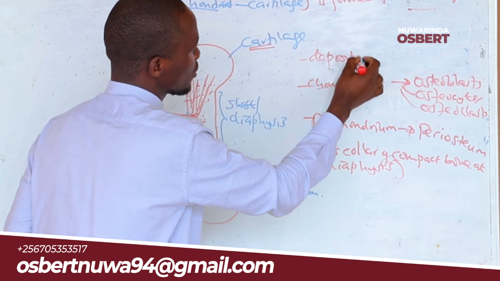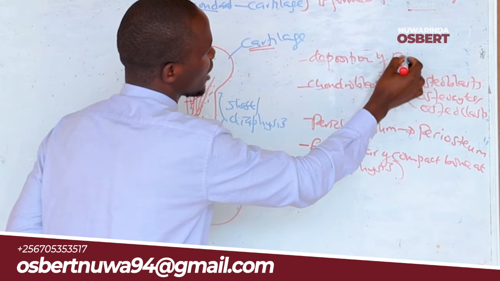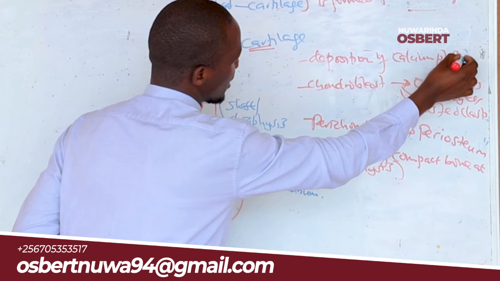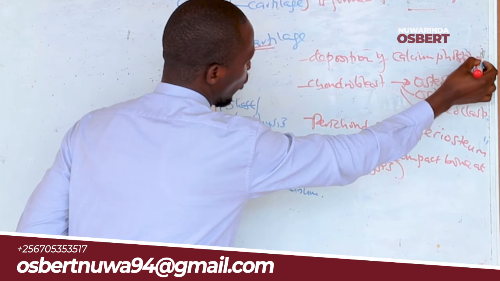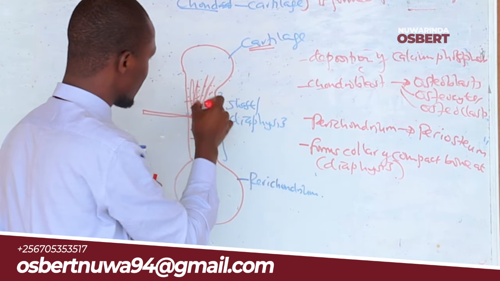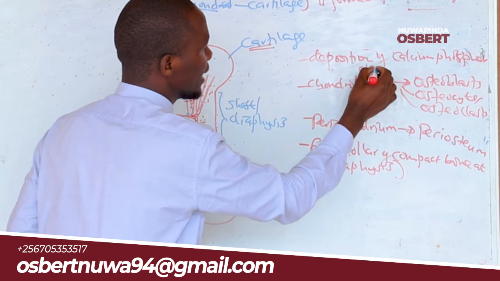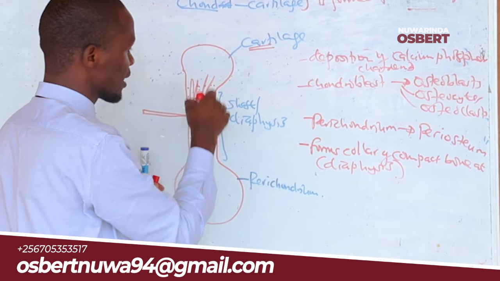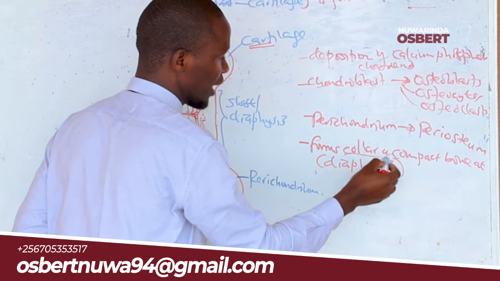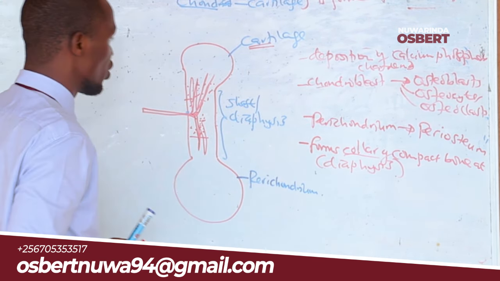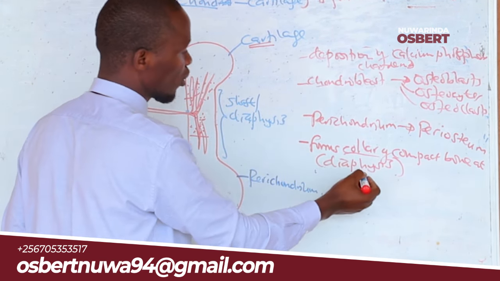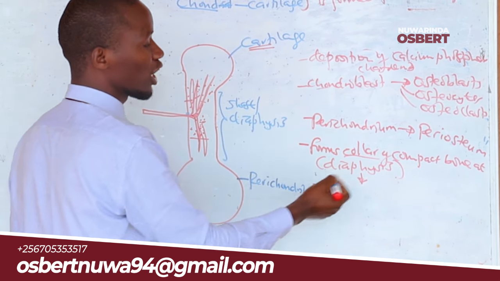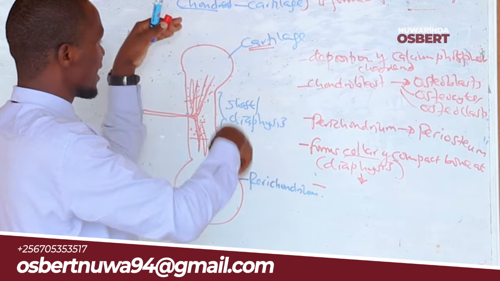The blood vessels start depositing calcium ions and phosphate ions, which make this region here to become hardened. And after it has become hardened, it forms what we call a collar of compact bone within that region. And this collar of compact bone which has been formed at the center here keeps on enlarging towards the extreme end.